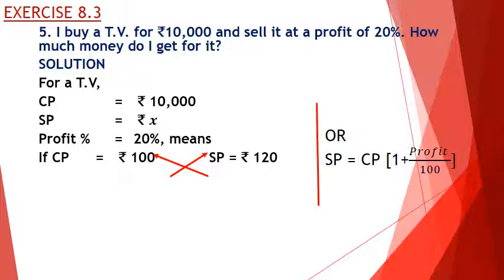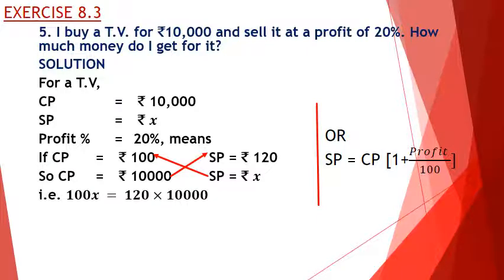While doing cross multiplication, always CP should be written just below CP and SP should be written just below SP. So here profit equal to 20% means if CP equal to rupees 100, SP equal to rupees 120. Now we can go to our question. So CP equal to rupees 10,000, SP equal to rupees X. Now you have to cross multiply.